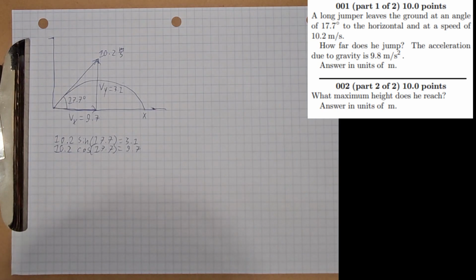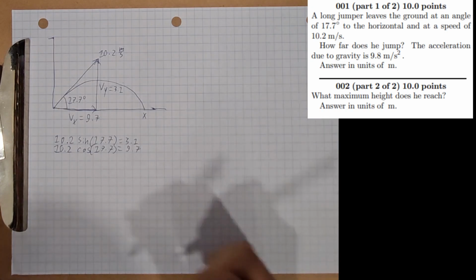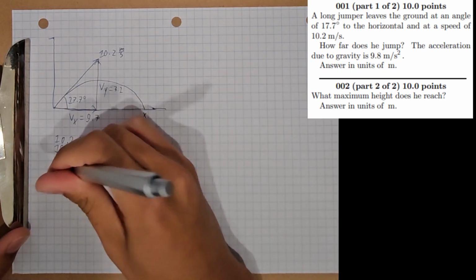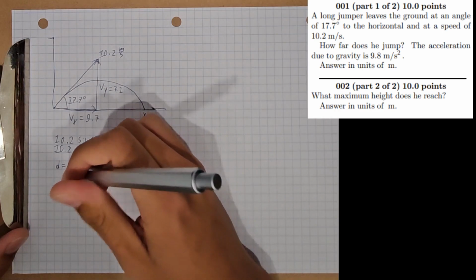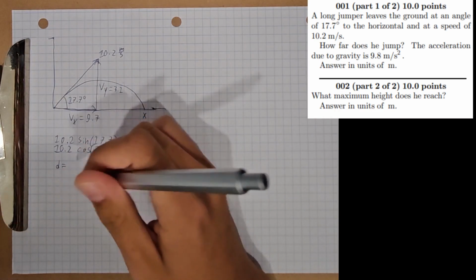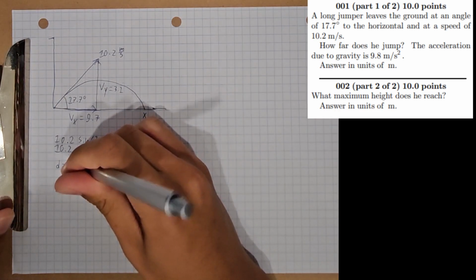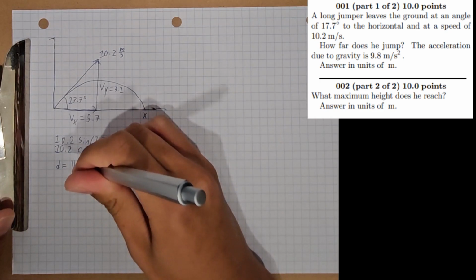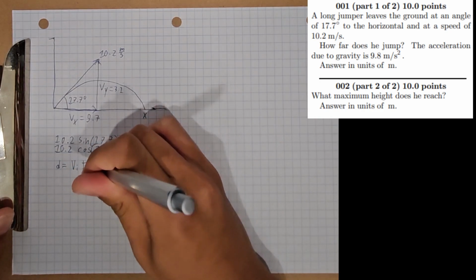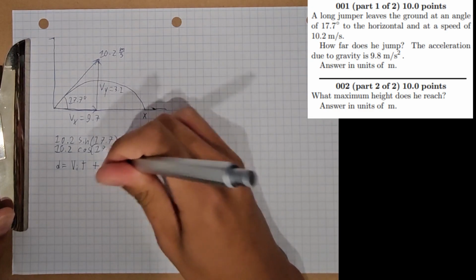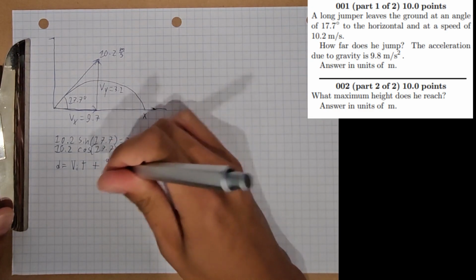So next you will want to use the distance formula, which says that d, distance, is equal to the initial velocity times time plus acceleration times time squared over 2.